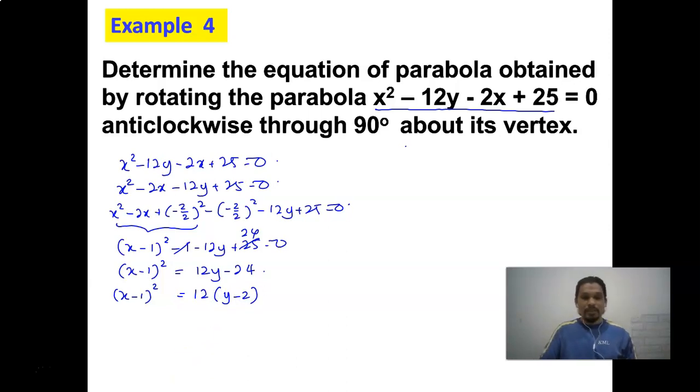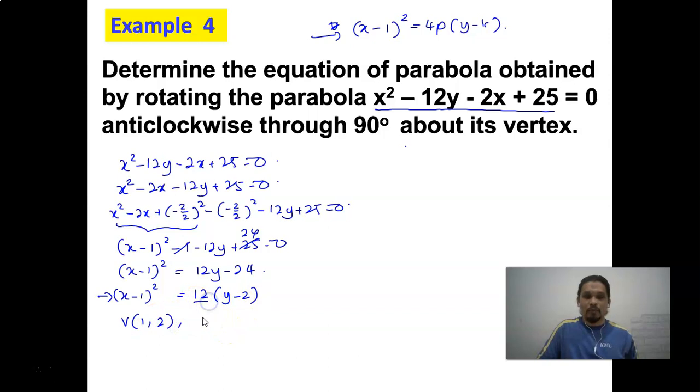From here, comparing with the standard equation of the parabola, x minus h squared equals 4p times y minus k, clearly the vertex is 1 and 2.